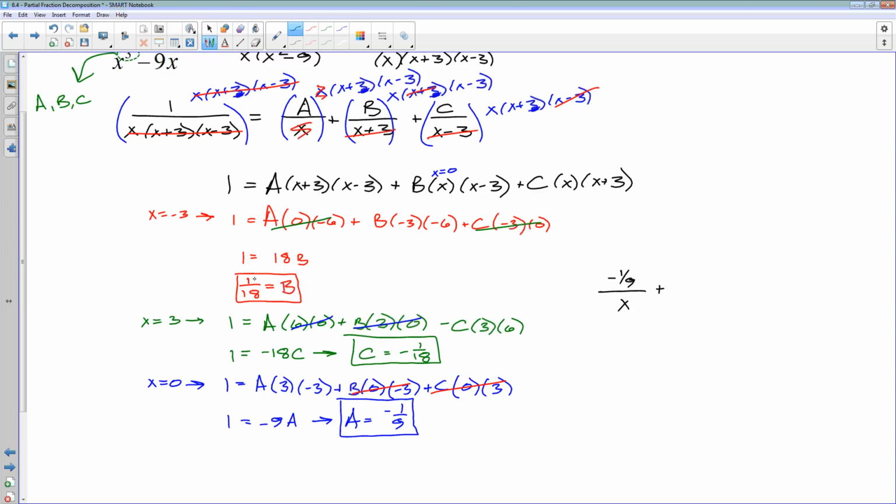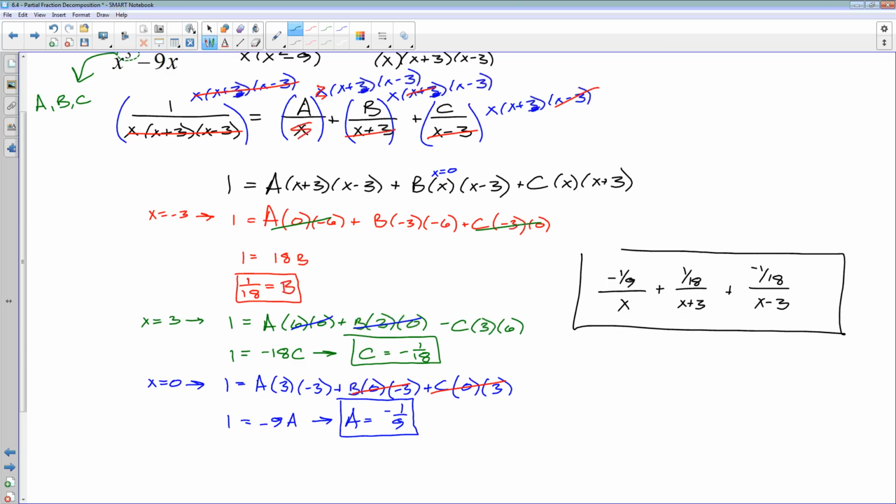Plus b, which is 1/18, and 1/18 is going to go over x plus 3. And then finally c, which is negative 1/18, and c was over x minus 3. And there is our final answer for this one. Kind of ugly, but that's what it is. And yeah, so there, partial fractions.